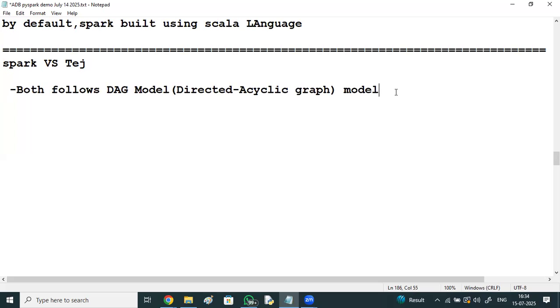Tej doesn't support in-memory computation.